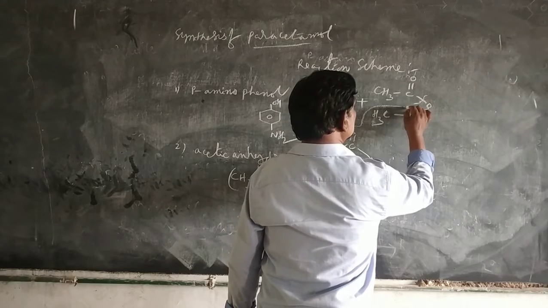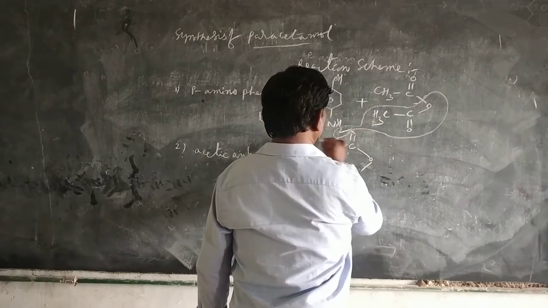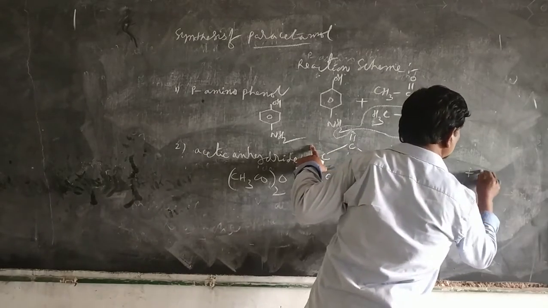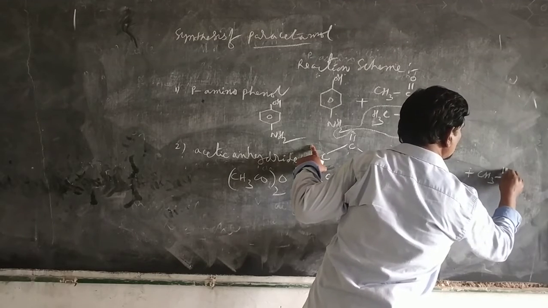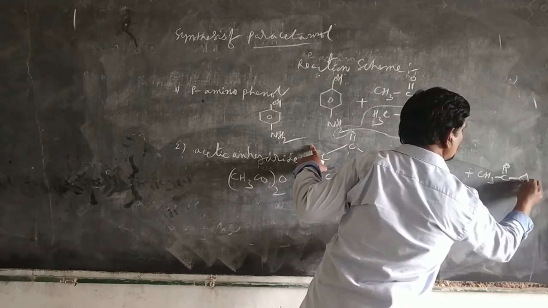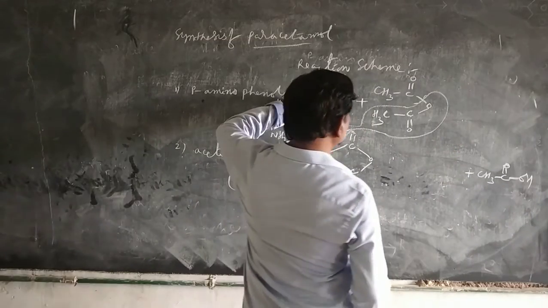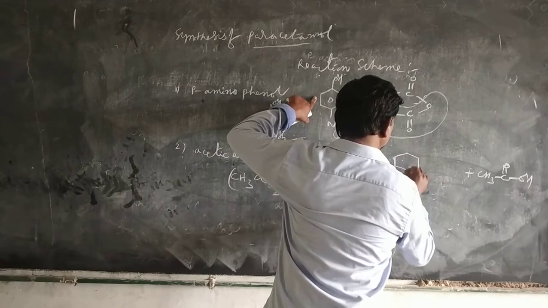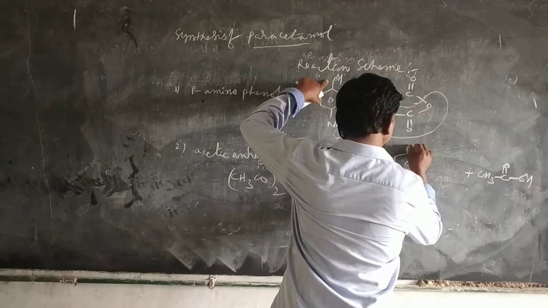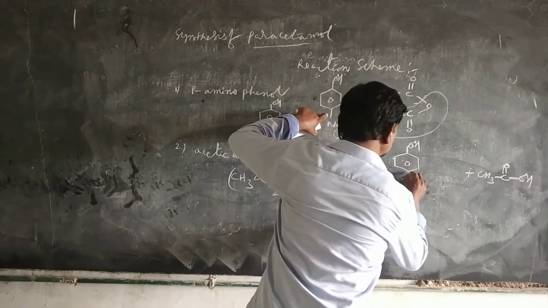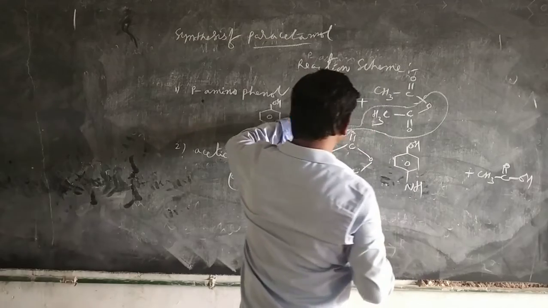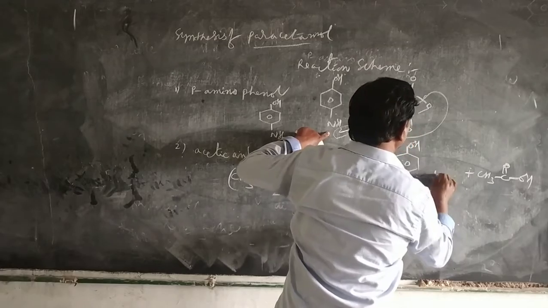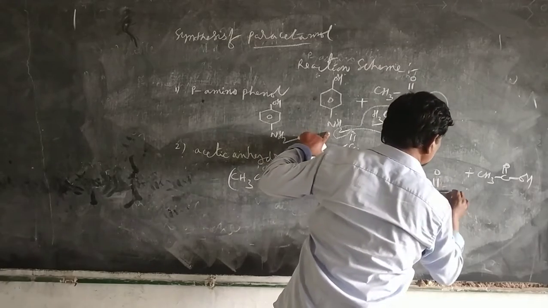So the bond breaks, and CH3COOH is the elimination product. The remaining main product is a benzene ring connected with an OH group and the remaining NH amino group, with C double bond O and the remaining CH3.